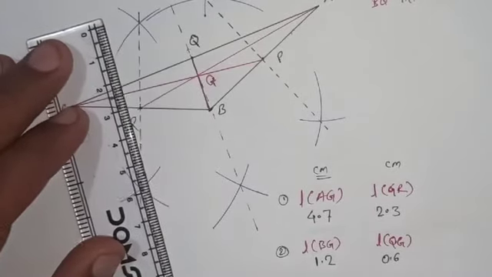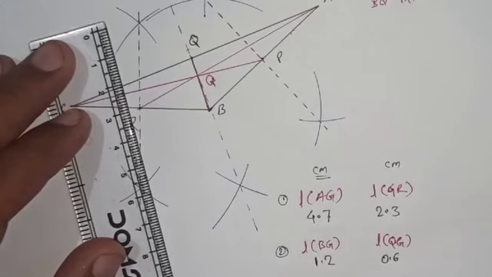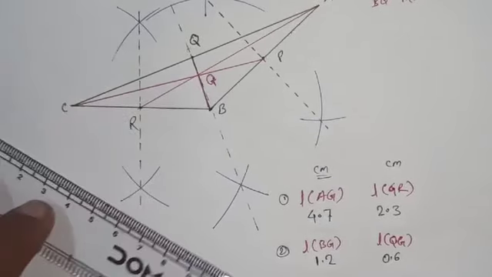Then third is the length of CG, where is CG?